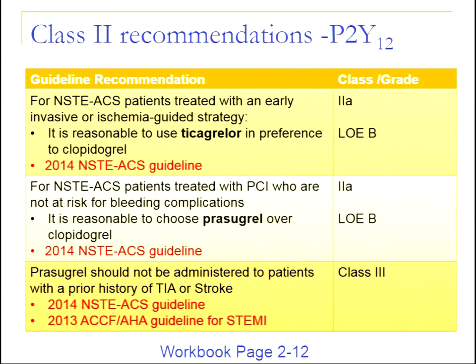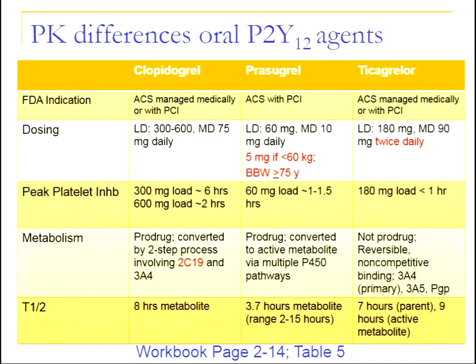Specifically, prasugrel has the caveat that if you're going to use it in preference to clopidogrel, it needs to be in a patient who's not already at high risk for bleed. And it needs to be a patient who's going to the cath lab and PCI, because that would not be appropriate in a medically managed or an ischemia-guided strategy patient. Follow me so far? All right.